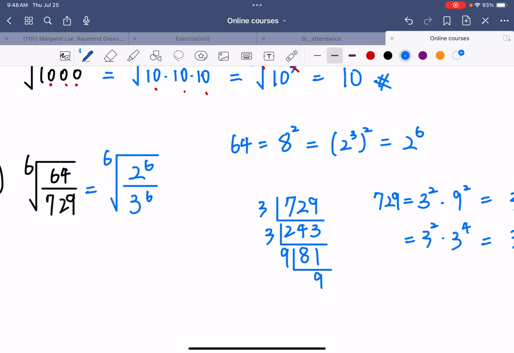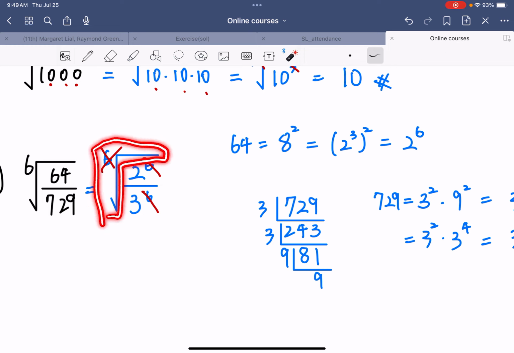Okay, so therefore we can diminish the numerator with the index, and also the denominator with the index. Remember, if you only diminish one, then the other should remain the same, because the radical here does not only affect one of the numerator or denominator, it affects both. So you have to do the diminish once for the numerator, once for the denominator.